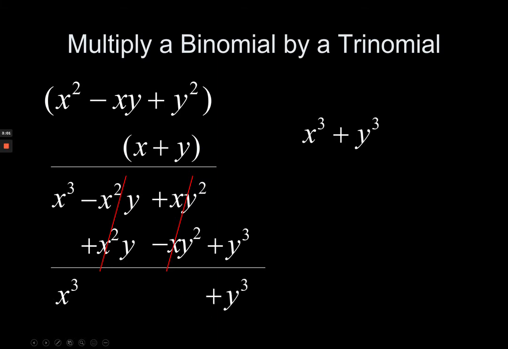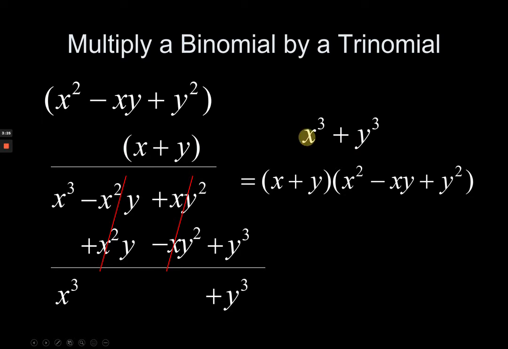What do you notice? This is a sum of two cubes. If we are going to work this backwards, therefore, if we factor x cubed plus y cubed, this is your factor or your factors.